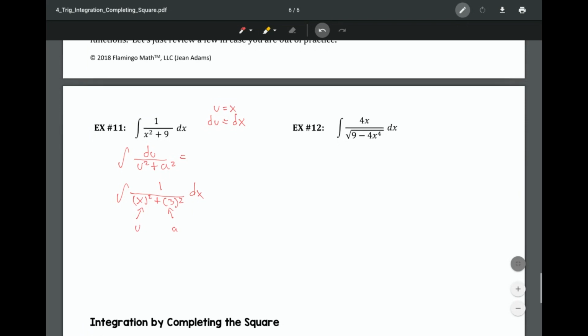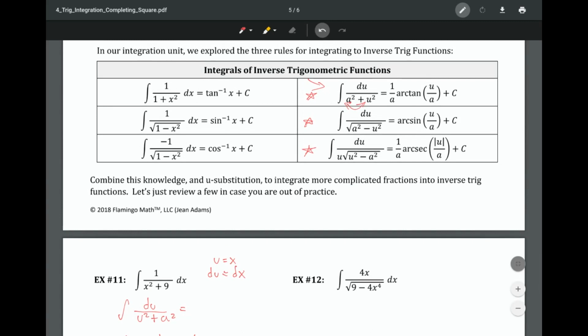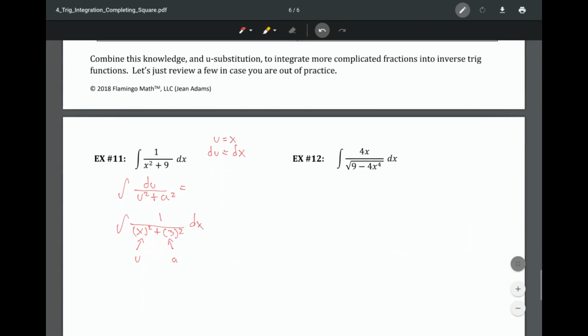If you recognize that, then all you have to do is follow exactly this formula. I already figured out that a was 3 and u was x. All I have to do is literally replace those things. I'll write the formula all the way for you so you can see what I'm talking about. I don't feel like scrolling back and forth here. So again, u was x and a was 3.